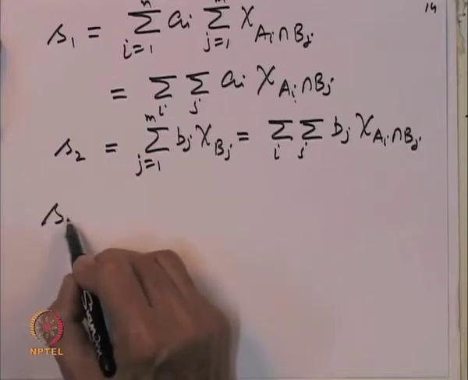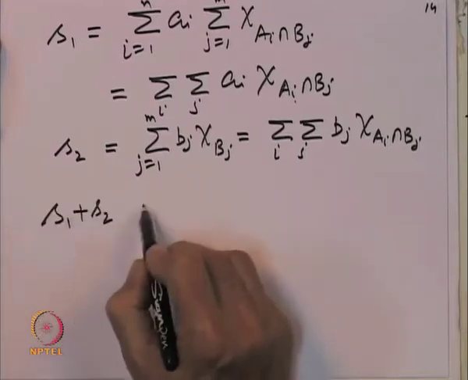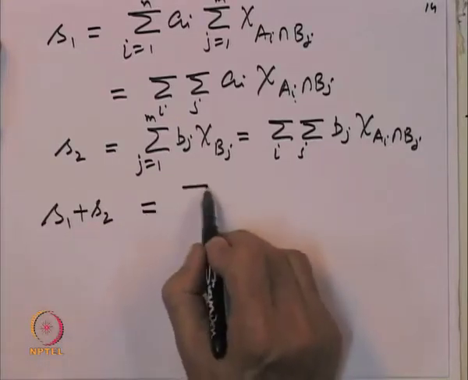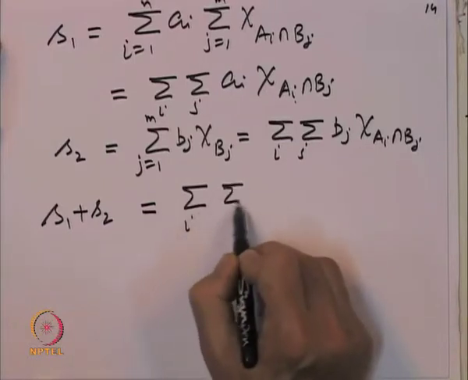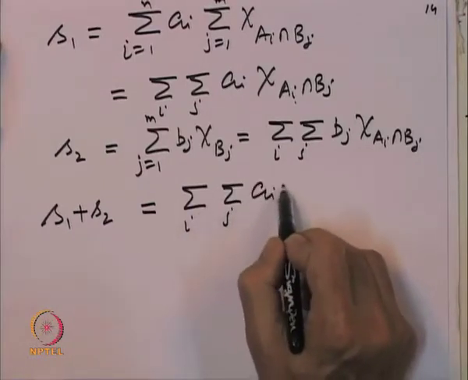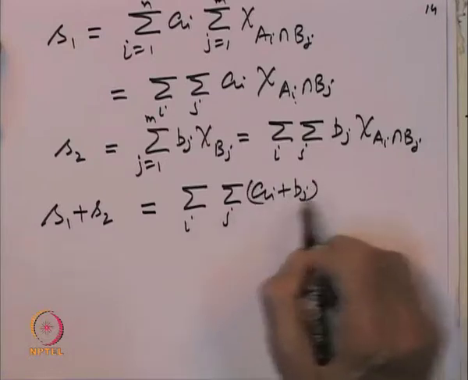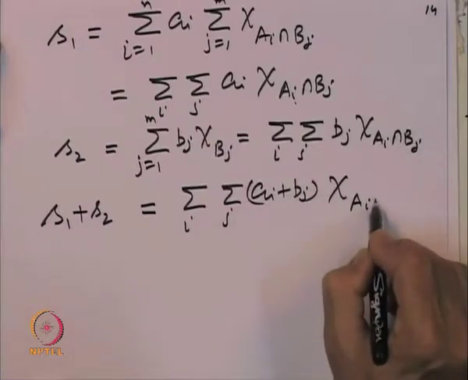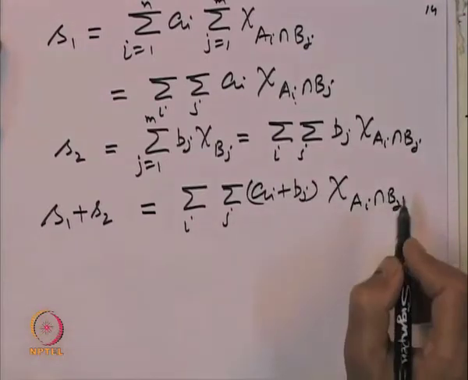So, then what is S 1 plus S 2? S 1 plus S 2 is nothing but summation over i, summation over j of a_i plus b_j times the indicator function of A_i intersection B_j.